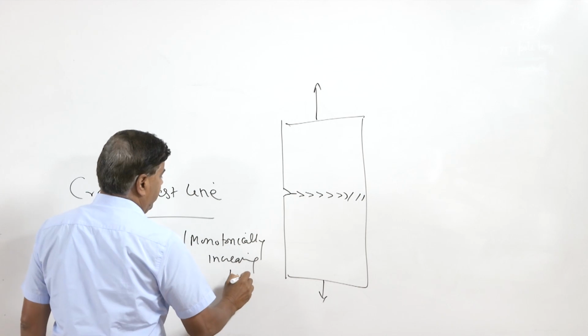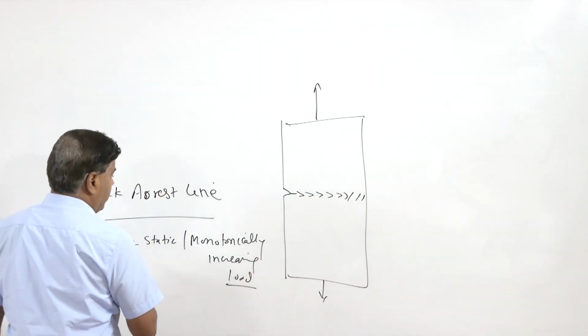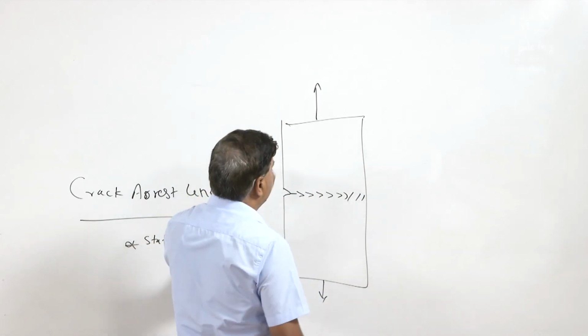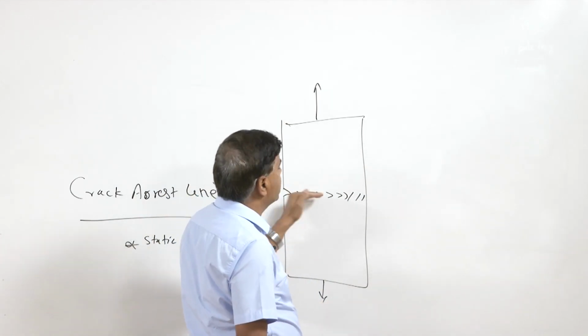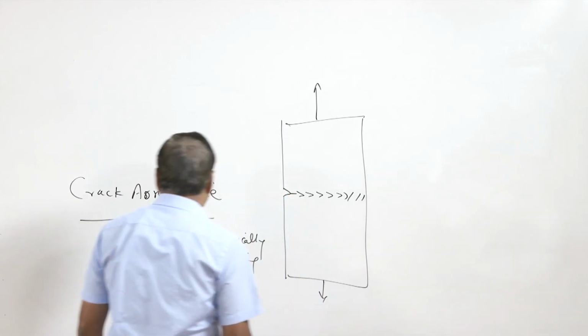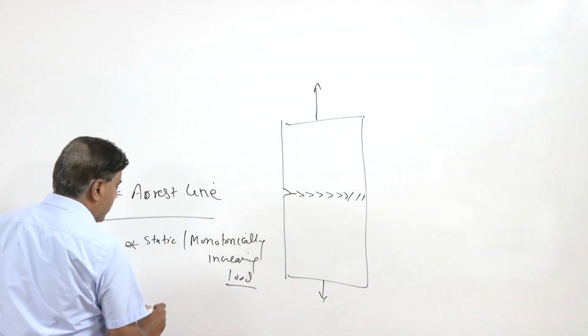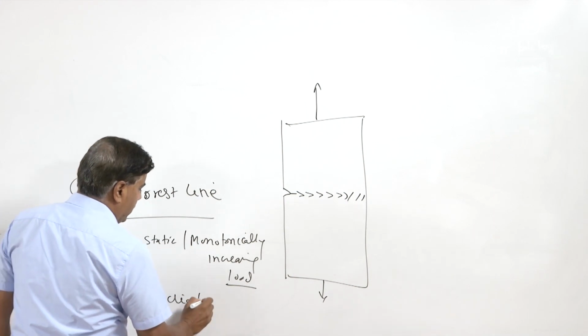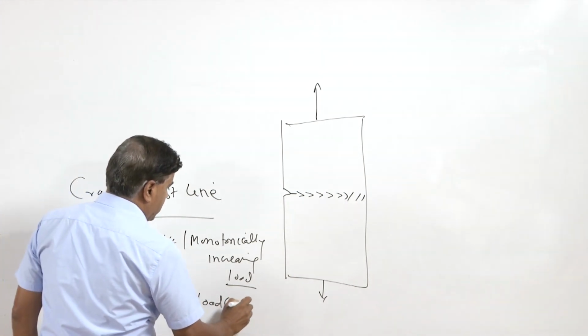load. So, this is one type of loading: in the presence of a notch, when tensile load is applied, the crack nucleates and then grows in a particular manner. Another case is where the crack grows under cyclic load conditions.